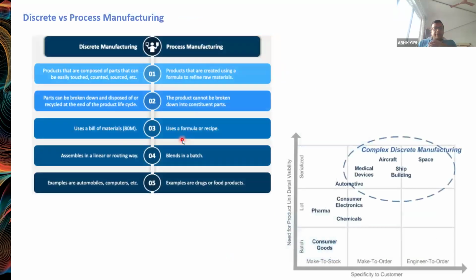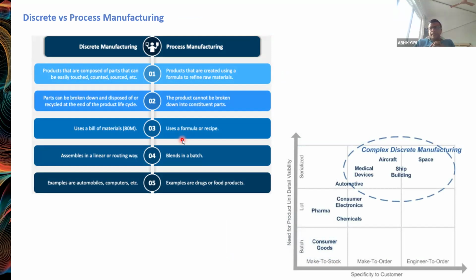Okay. Now coming to discrete versus process manufacturing. Process manufacturing is any kind of product which, once it is manufactured, you cannot break it down further into its constituent materials.